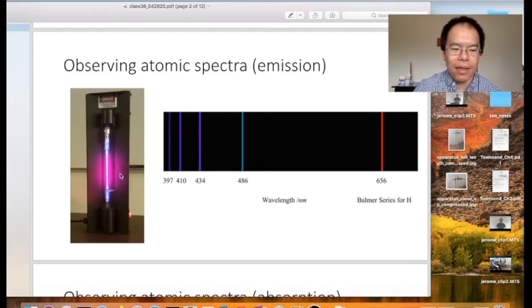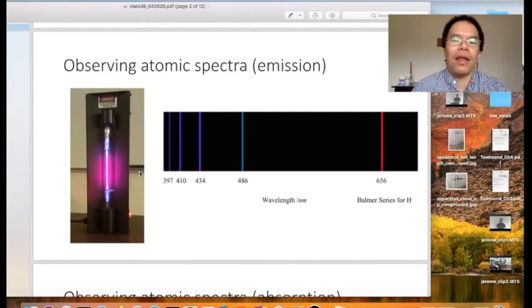The common way you get an emission spectrum is you have these glass tubes filled with some gas, something like hydrogen gas, and then you have electrodes on either end of the tube that you apply a voltage across. So the atoms inside the tube get excited in a way that I'll talk more about later. And as you can see, there's this light that's glowing from the tube.